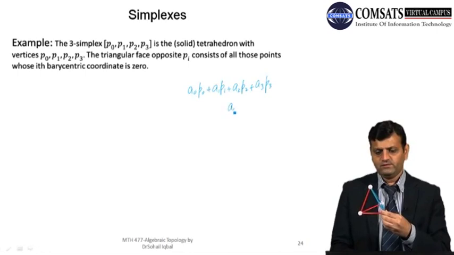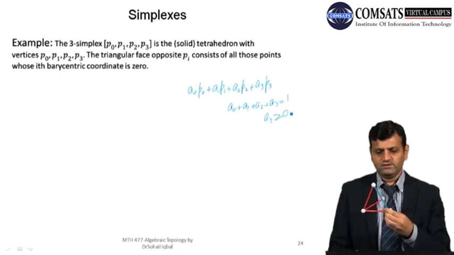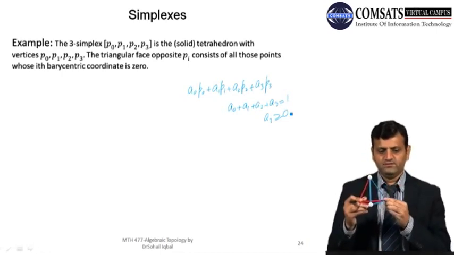Of course there are some conditions: a0 plus a1 plus a2 plus a3 is equal to 1, and all the ai are greater than or equal to 0. Under these conditions we get this tetrahedron.